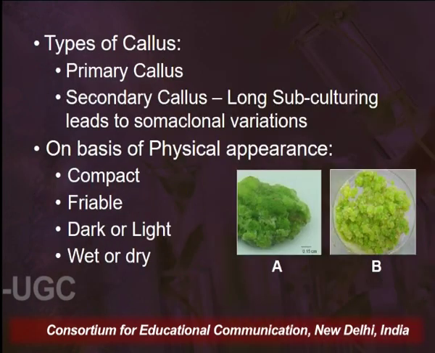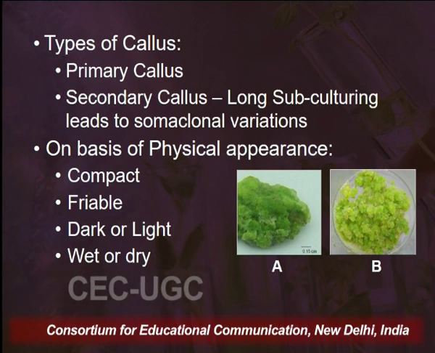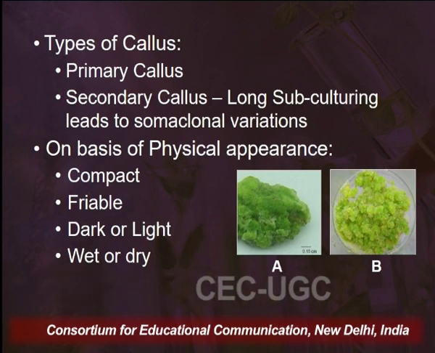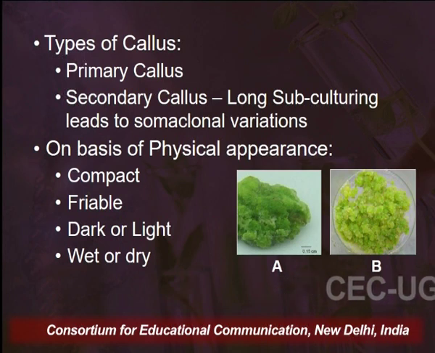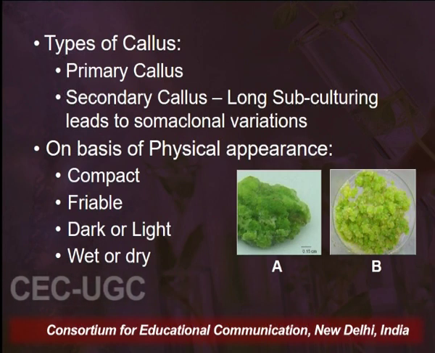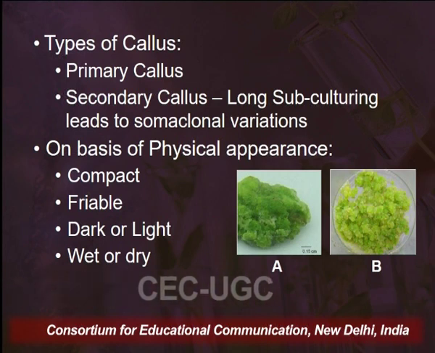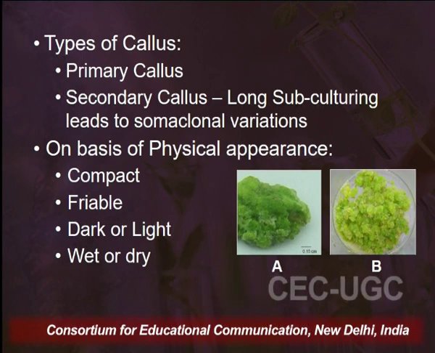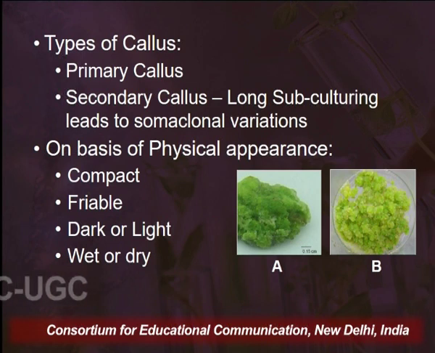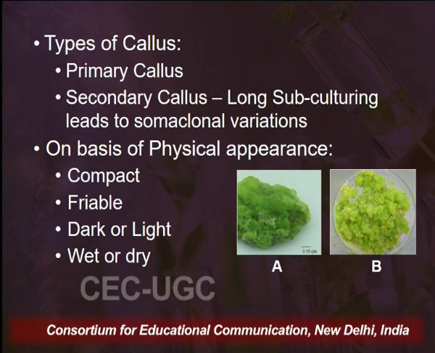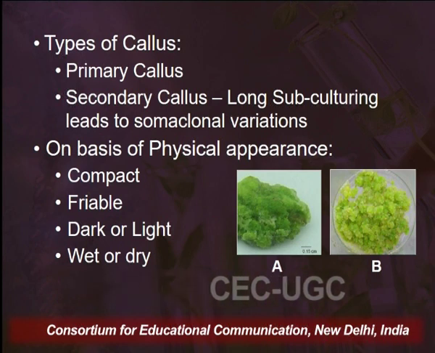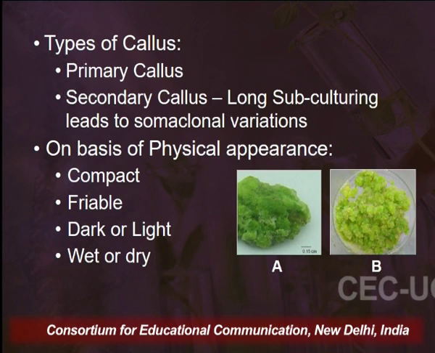Now there are different types of callus cultures depending upon the stage of the culturing. We have primary callus and we have secondary callus. Primary callus are the initial cultures developed when the initial explant is placed onto the culture media and we get an undifferentiated mass of cells.